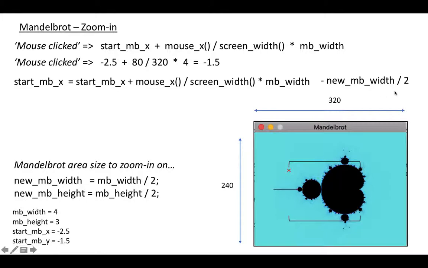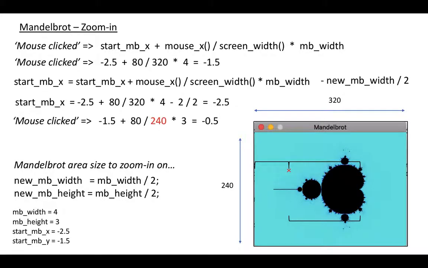Okay, so now if we plug some figures in, as you can see, this has gone to the new Mandelbrot width. That's 2 divided by 2, which gives minus 2.5, and this is where it's going to start to build the set from. And that looks about right. So our calculations are pretty good so far.